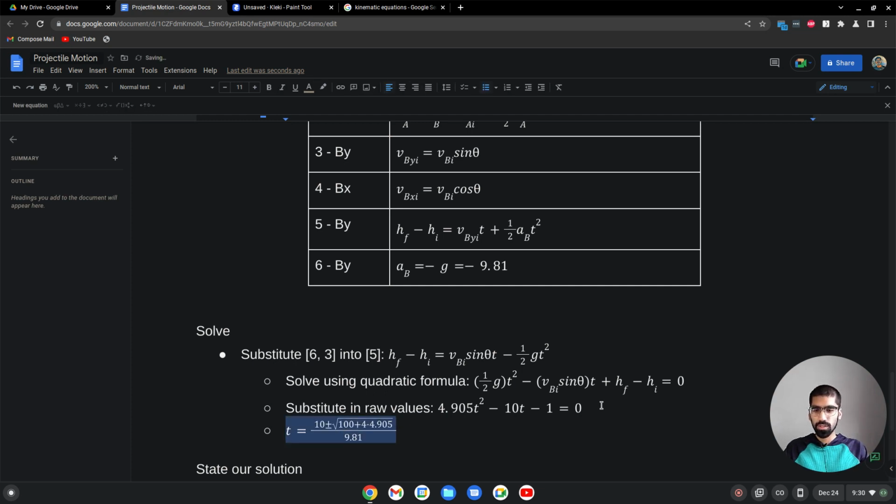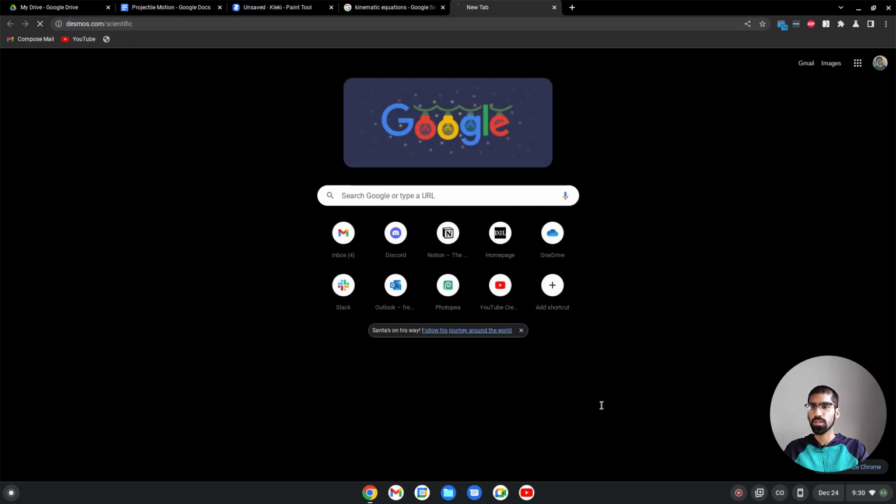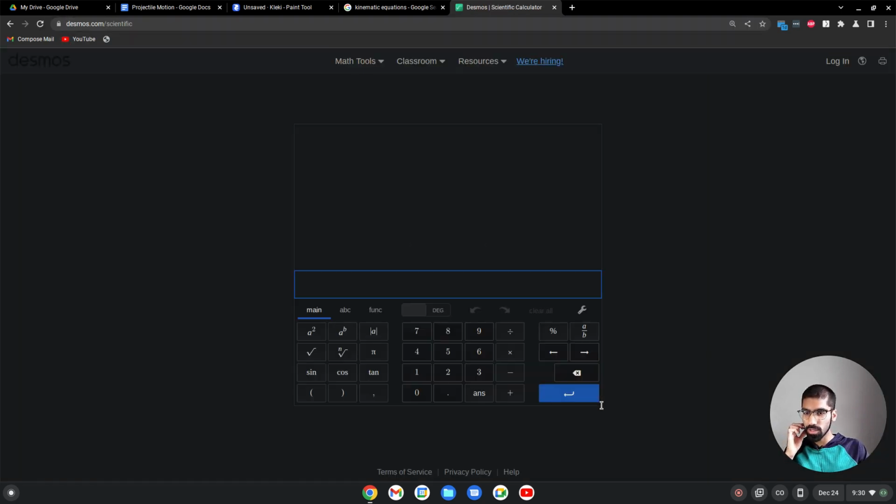If we plug this into a calculator, like Desmos, we're going to see that there's a, darn it, Desmos, why? Okay, 10 plus the square root of 100 plus 4 times 4.905, is that it?